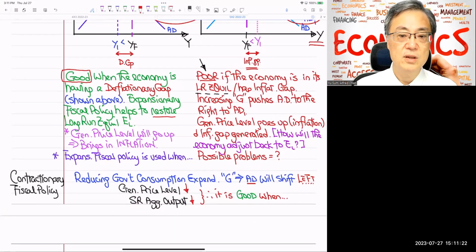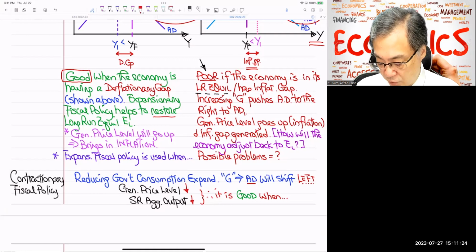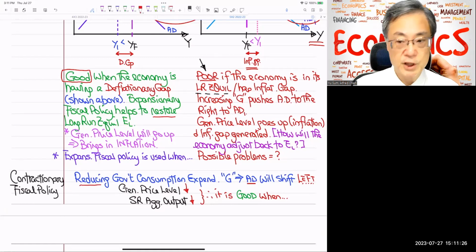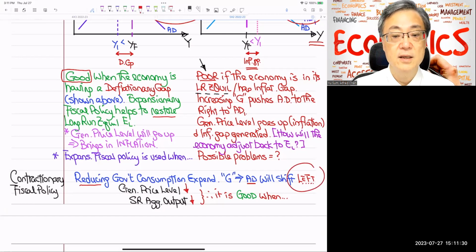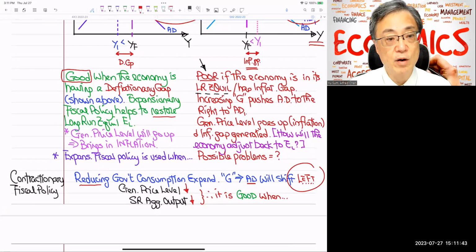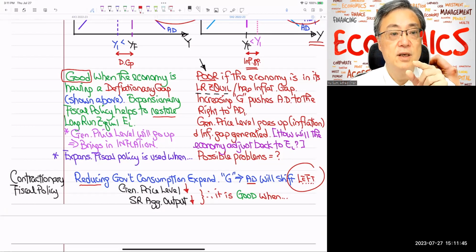Well, simple. Contractionary means you are reducing G, so AD is going to shift left. The general price level will go down, and the short-run aggregate output will go down. And therefore, it is good when the economy is overheating, when you start off with an inflationary gap.